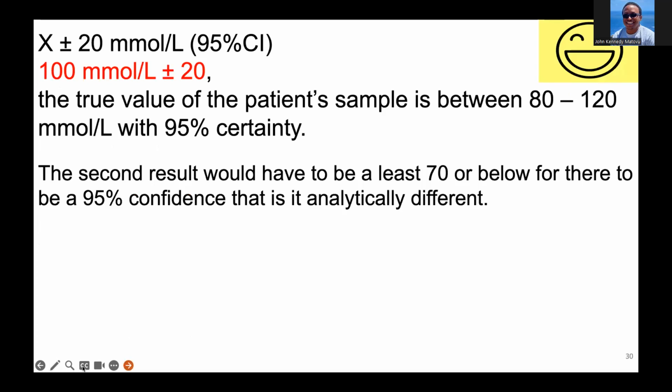Now we are down to 68 millimoles per liter. And now we're saying, yes, we're seeing an analytical change because that value lies outside of that initial range where we say that the initial value lies. And I think that nothing is ever precise, but we put in place these calculations and this limit to make sure that we can be as accurate as possible.